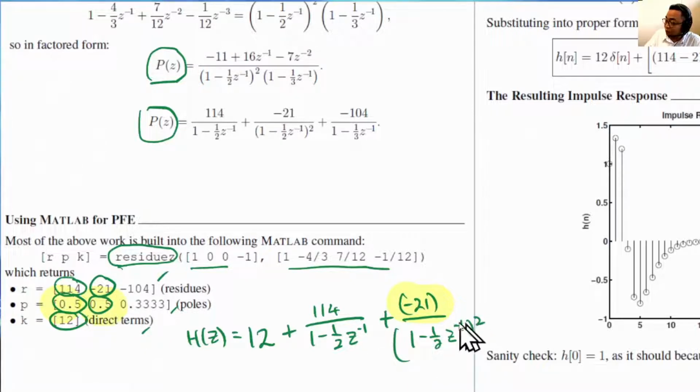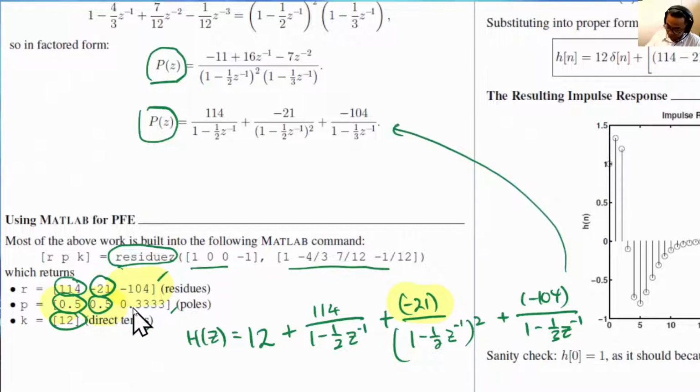But we have a repeated pole, so the whole denominator is to the power of 2. And the last one is minus 104, which goes to the third term here, plus minus 104 divided by, and in this case we have a new pole, so it is 1 minus 1/3 z to the power of minus 1. So you compare and you see that this is how we get this equation.